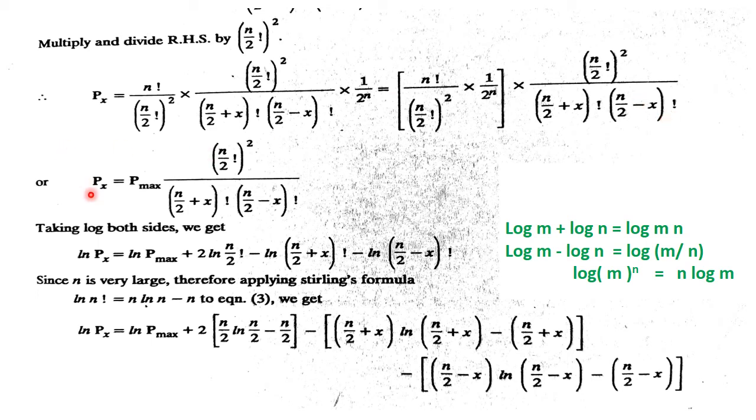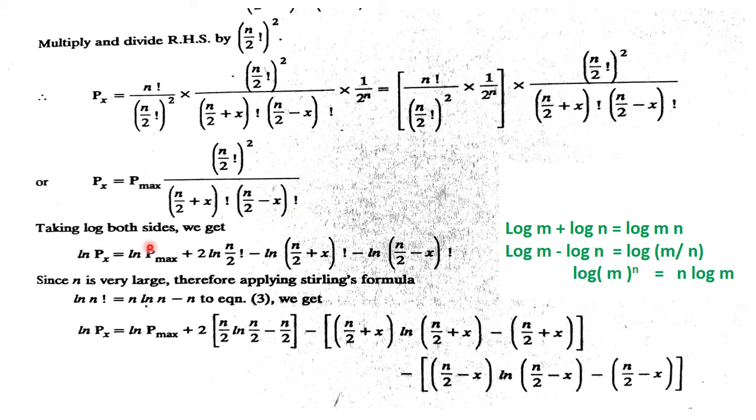Or we can say that px is equal to, whereas this term represents the value of maximum probability, meaning the most probable state, that is denoted by p maximum, multiplied by (n upon 2 factorial) square divided by (n upon 2 plus x) factorial multiplied by (n upon 2 minus x) factorial.